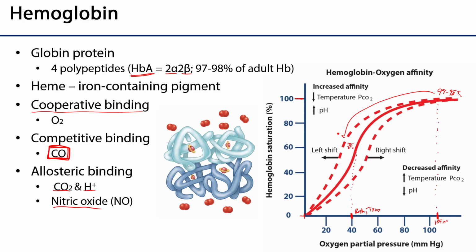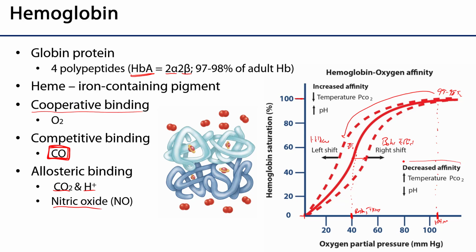Now, there are some factors that can shift this curve right. That's also known as the Bohr effect, or left, which is known as the Haldane effect. And I don't want to get into the weeds here with this. So a couple of things, we can keep this pretty straightforward. So increase of temperature, increase in the partial pressure of carbon dioxide, decreases in pH.